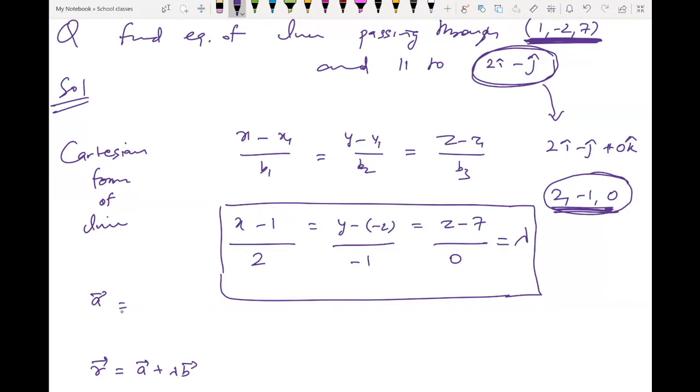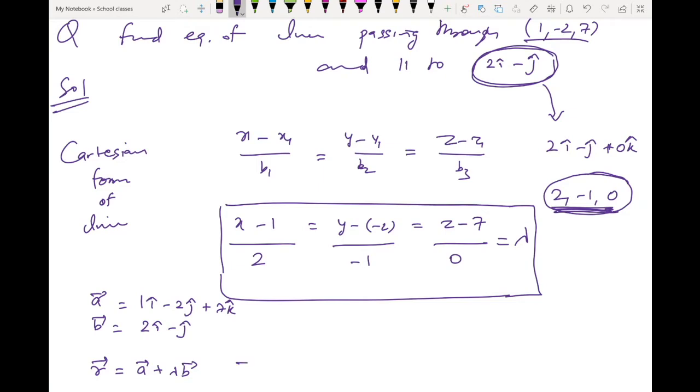So a vector is basically the position vector of this given point through which the line is passing. That is 1 i cap minus 2 j cap plus 7 k cap. And b vector is already given. What is that? 2i minus j cap. B vector is the vector to which the line is parallel.